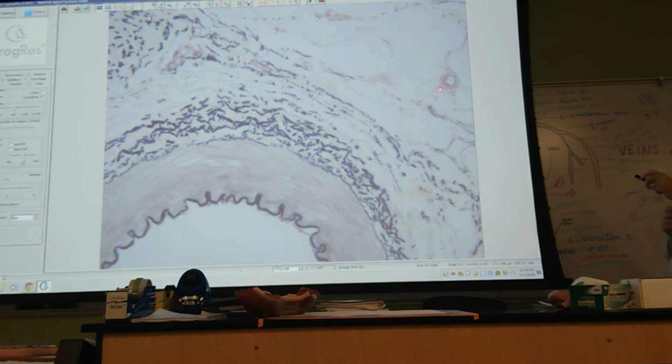Vasa vasorum doesn't have all the layers. It basically only has the inner layer, the simple squamous epithelial layer. Here's probably a couple too, but it's kind of fuzzy. But these definitely. Here, there, this little clump right there. These are all vasa vasorum.